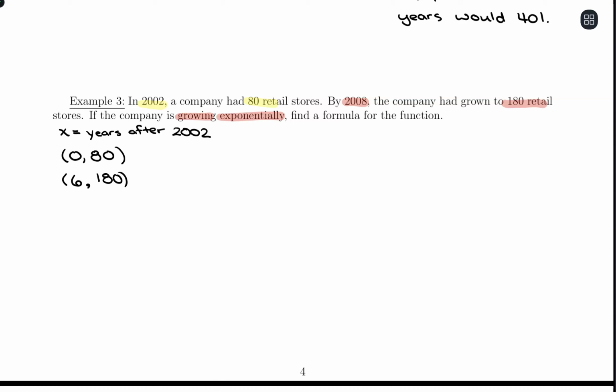So we have these 2 coordinates, the initial values coming from that value of 80. So we're going to have A equals 80, but we don't know what B is. Notice they didn't mention anything about a percentage. So if I'm trying to fit my A times B to the power of X, I have A is equal to 80. I don't know what B is.